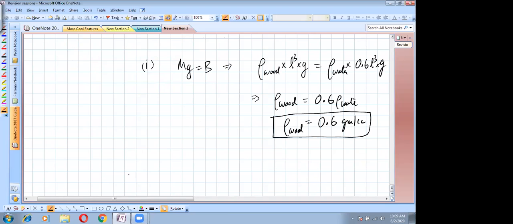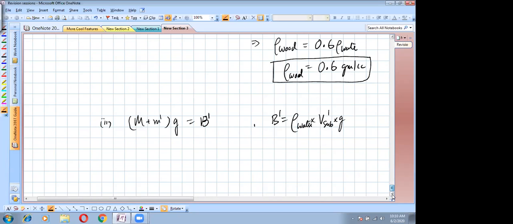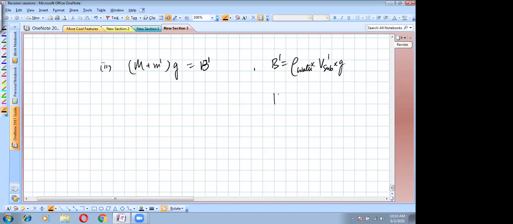And the second part, the weight of wood plus the additional weight of mass of metal that you're adding is being balanced with the new value of buoyant force. Where the new value of buoyant force is density of water into new value of submerged volume into g. Now that new value of submerged volume is 18 centimeters submerged.